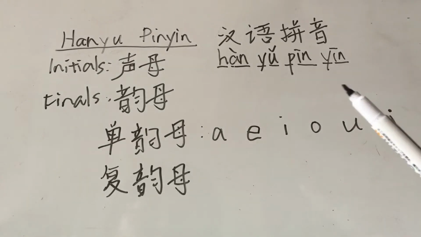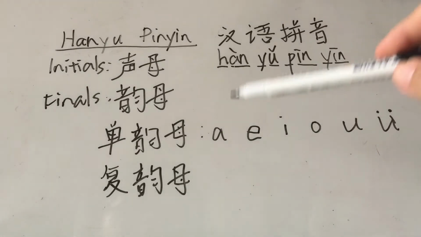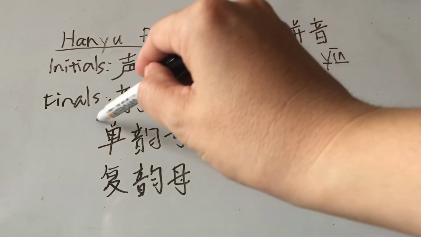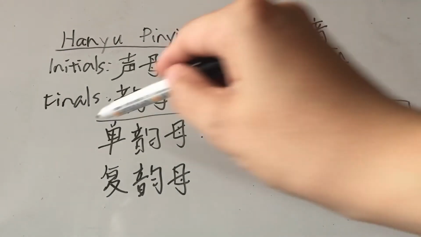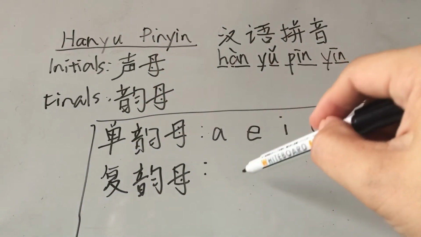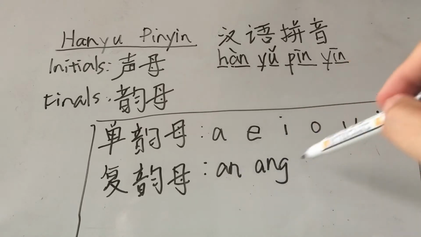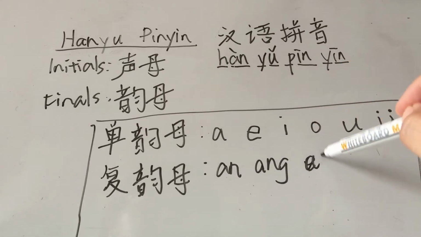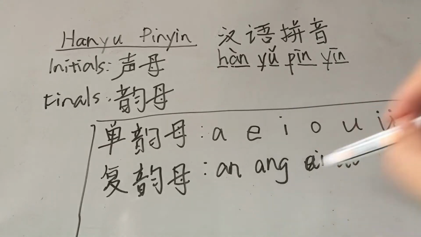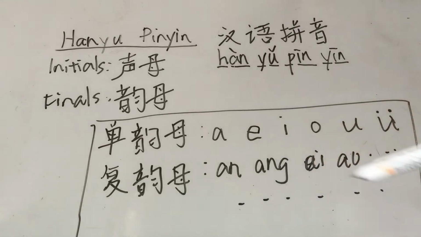I just want to give you an idea of what is Hanyu Pinyin first. So all of this is considered 韵母. And there are so many 复韵母, etc., which I will go through one by one.